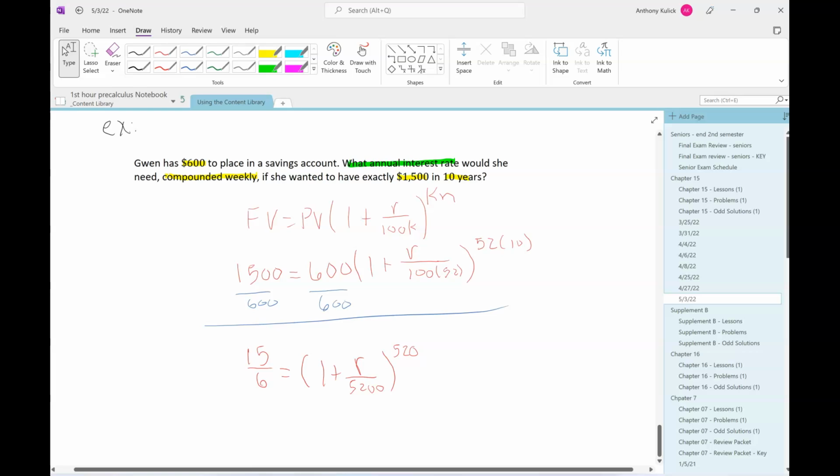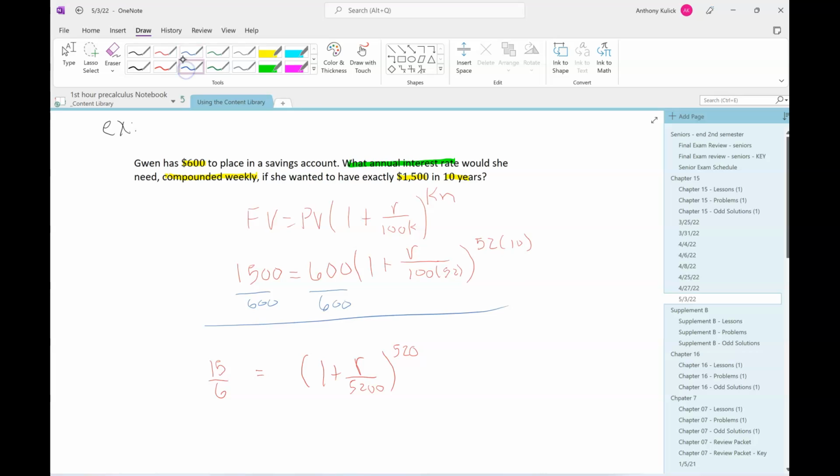Everybody so far so good? How am I going to cancel out? What do I have to cancel next in order to get to the R? The exponent. Great. What operation cancels an exponent? Well, let's simplify this.